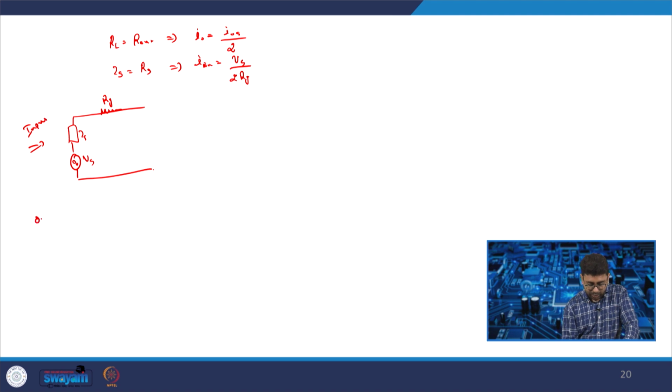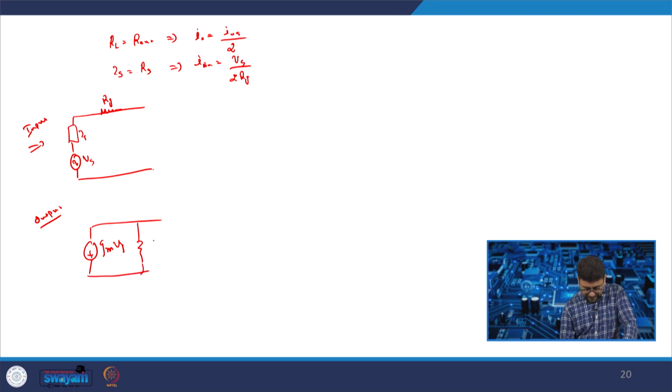And at the output you have Gm into Vgs, then your R out and your RL. So, your output current is given by IOS by 2, and your input current is given by Vs by 2 Rg.